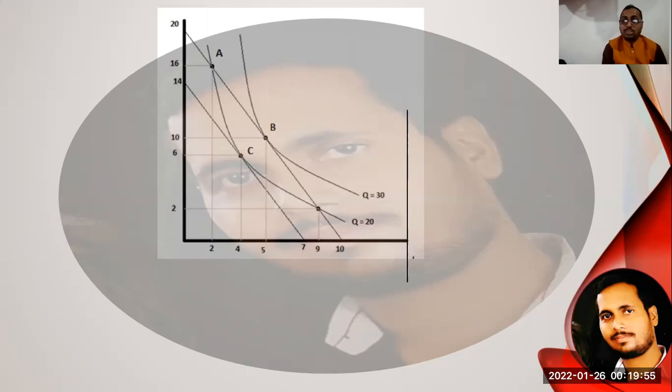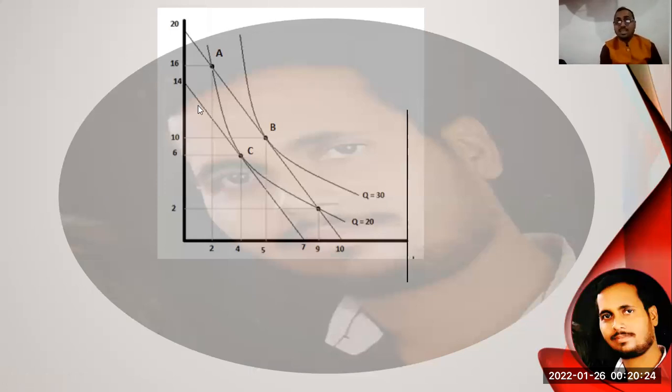And on those conditions, if the entrepreneur has to raise their expenses from the 14-7 IsoCost line to the 20-10 IsoCost line, then in this condition the equilibrium shifts from C to B. And now it is the best. B is the production equilibrium point, where the entrepreneur is able to get 30 units of output.